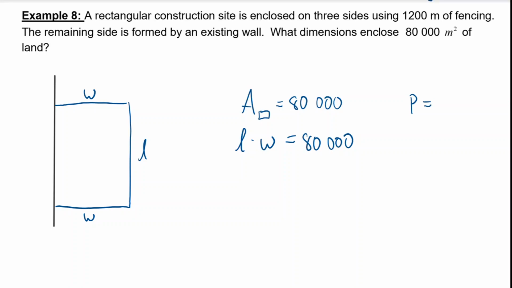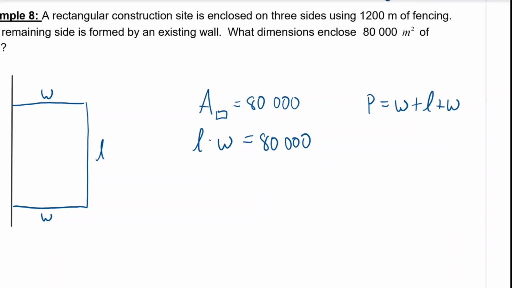It's going to be W plus L plus W, but let's clean this up a little bit and write it as 2W plus L. And we know what P is. We know P is 1200.